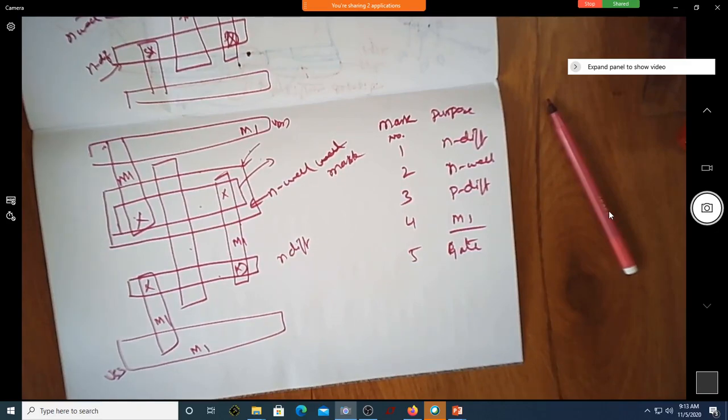For diffusion, if you want N plus in that particular region, you diffuse for a longer time with greater impurity, so that it becomes N plus. If you do it for lesser time with lesser impurity, it will become N minus. So they cannot be done simultaneously, but have to be done separately, because their purpose is different. One is for N diffusion, the other is for N well.